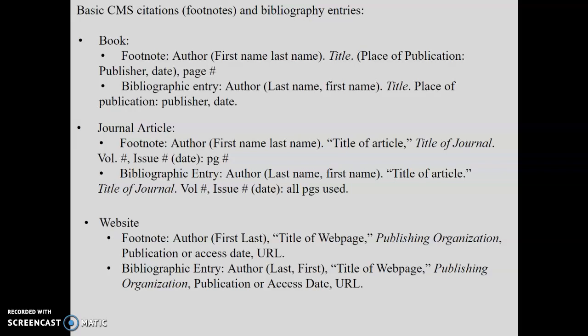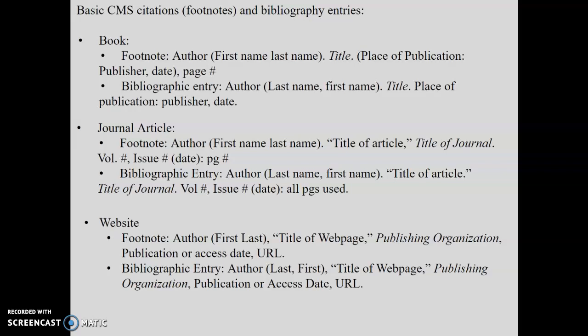We end that footnote or bibliography entry with the URL or other kind of online information. If you have a DOI, a digital object identifier, you can use that piece of information, which is shorter and more concise than the URL.